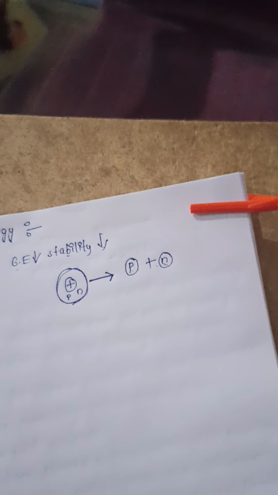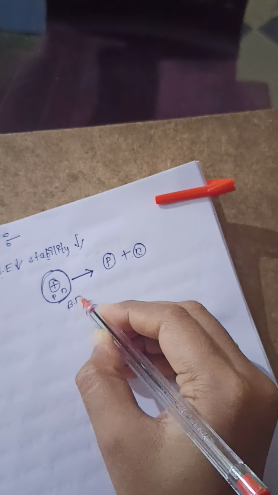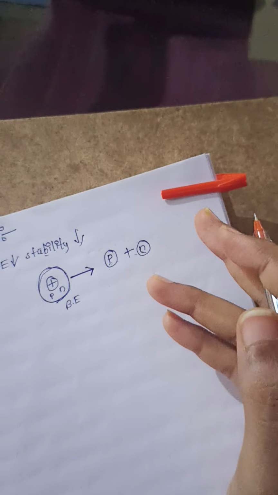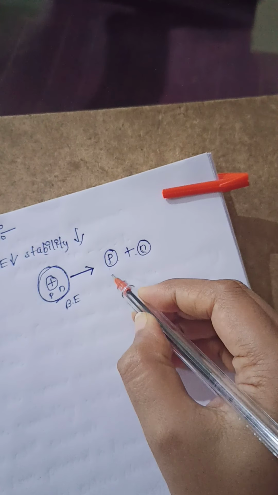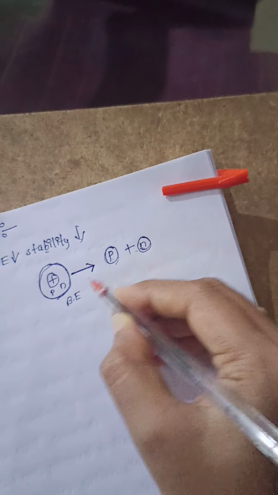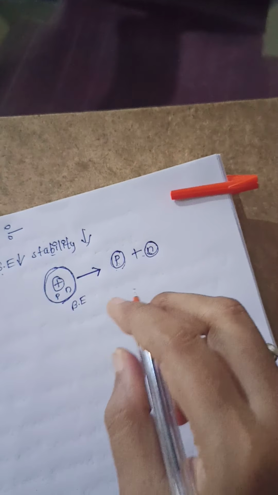So in this case, what will happen? The total binding energy of the nucleus, compared with the combination of the binding energy of the protons and the binding energy of the neutrons, should be equal, isn't it?